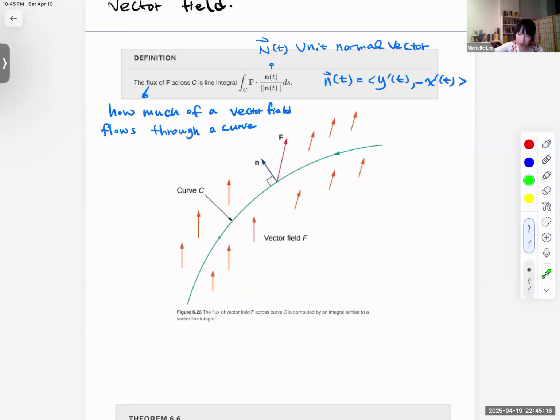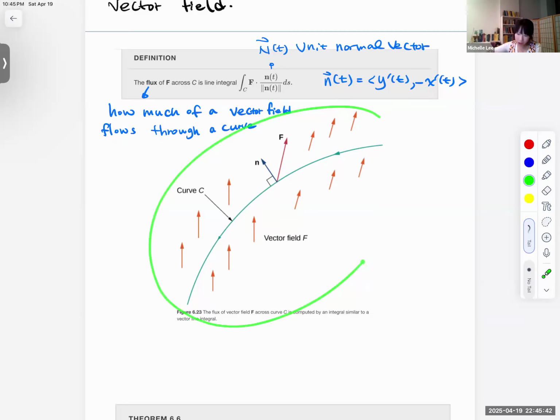All right, so we have this formula. This is from the unit normal vector. We did it before, right? In that case, the normal vector gives us y prime of t and negative x prime of t.